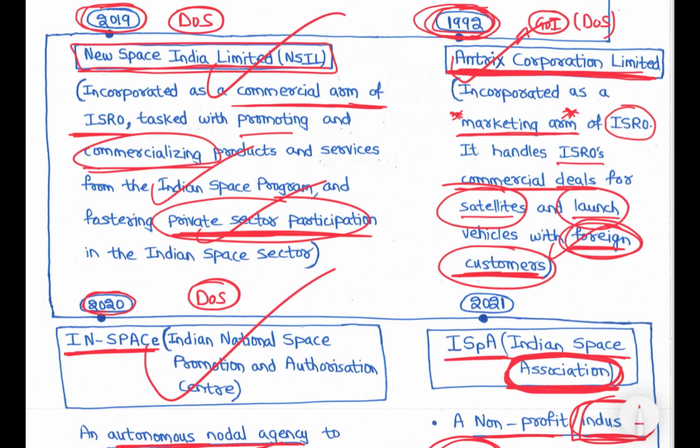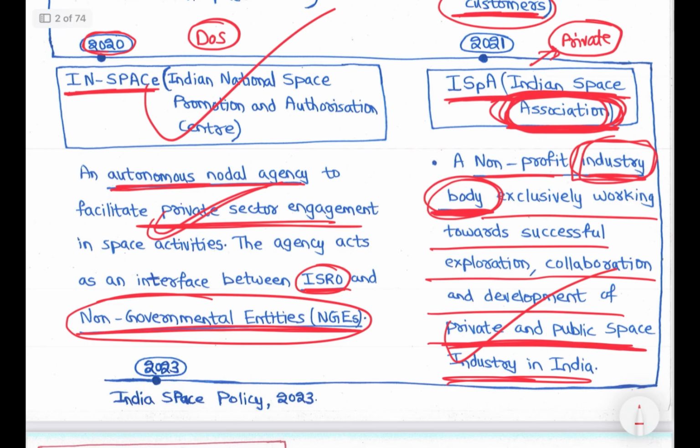But this is the private sector, the private industry's association, that is the Indian Space Association. So remember this association: it doesn't come under the Department of Space. Industrial members formed an association for promoting the space sector in India. That is with respect to space.